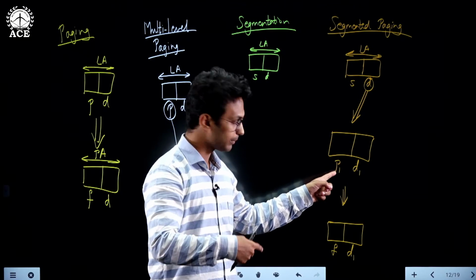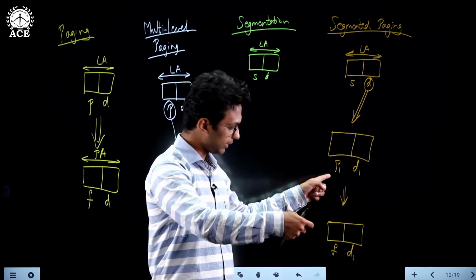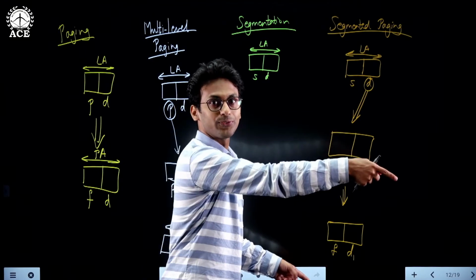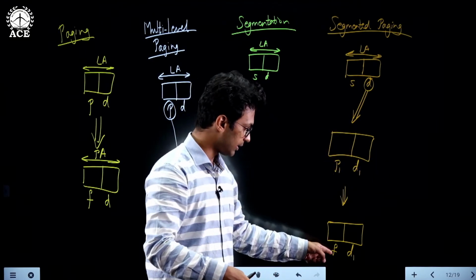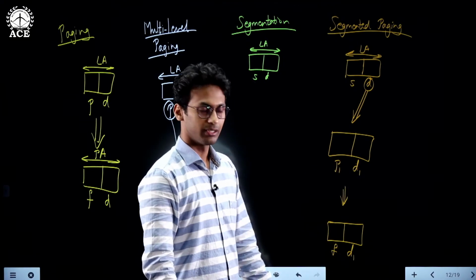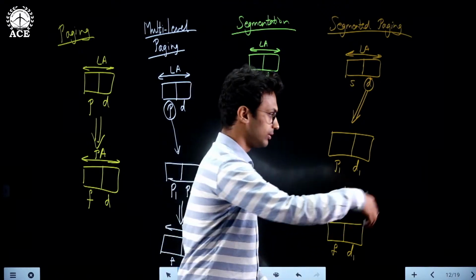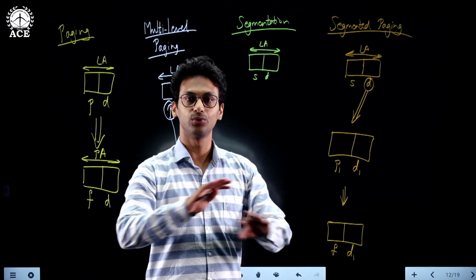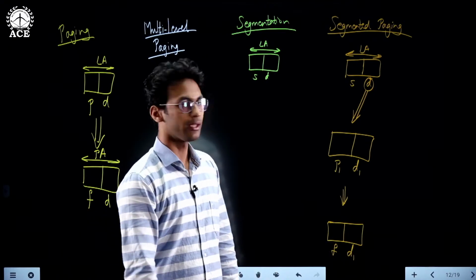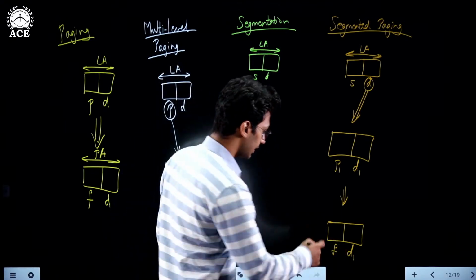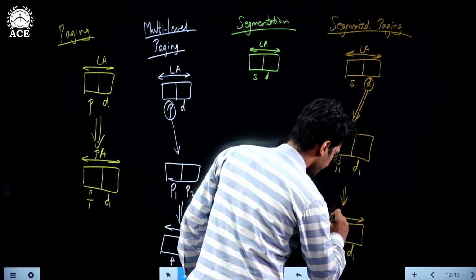From that page table, P1 entry, you found F, the frame number. That particular page is present in which frame? You converted P1 to F. The offset will be the same, D1. You go to that particular frame and access that word of that frame, whatever is mentioned, D1. You'll get it, whatever the CPU wants. So this is how the logical address got converted to the physical address.